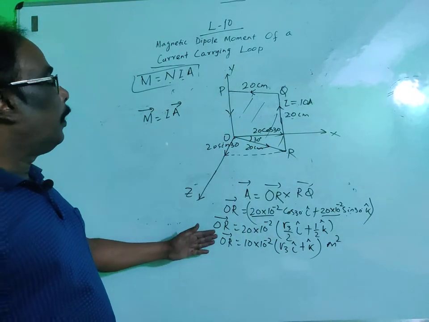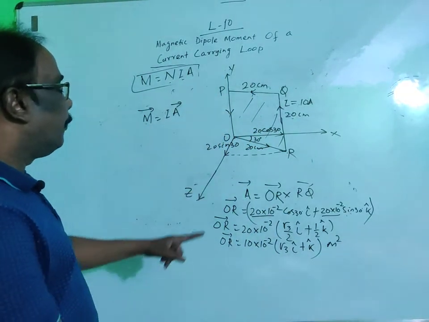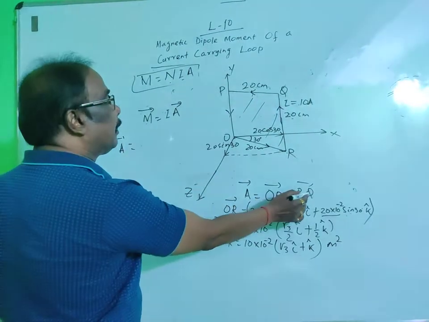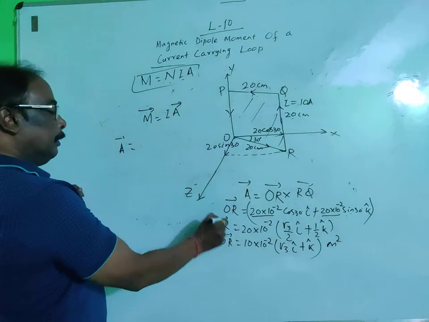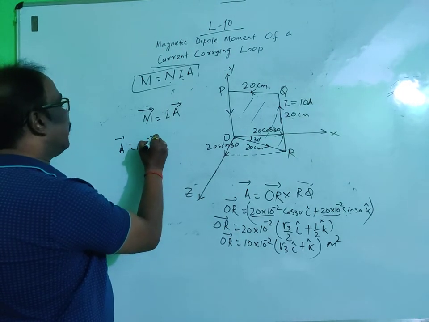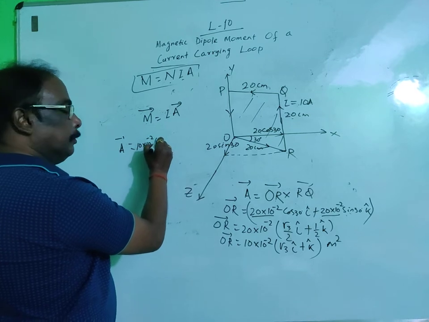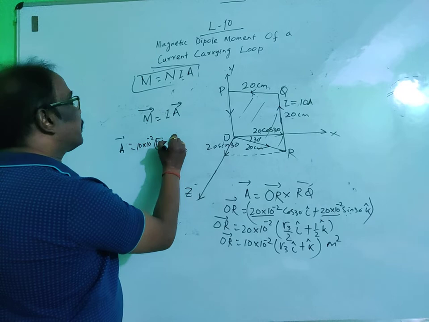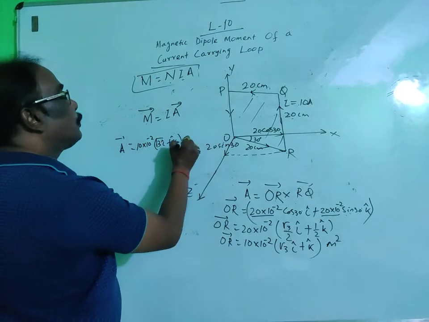Now OR is in vector form. Now the area vector is OR vector cross RQ vector. In place of OR I am writing 10 into 10 to the power minus 2 into root 3 i cap plus k cap, cross RQ.